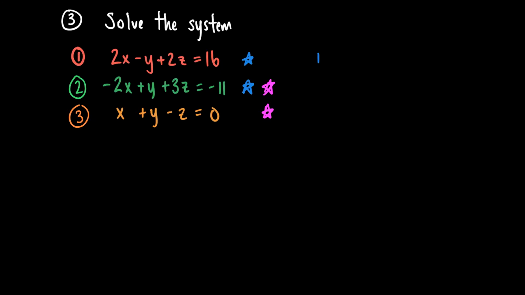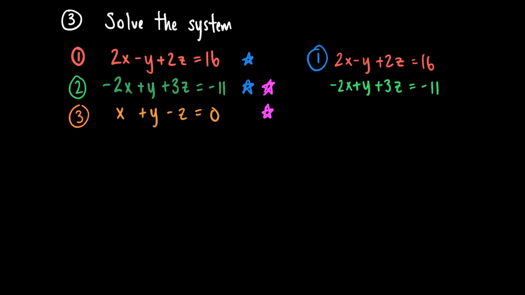All right, so step 1. We've got the red, so 2x minus y plus 2z is equal to 16. And then the green, we've got negative 2x plus y plus 3z is equal to negative 11.